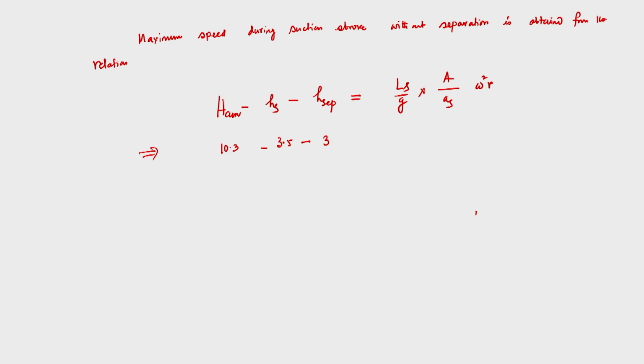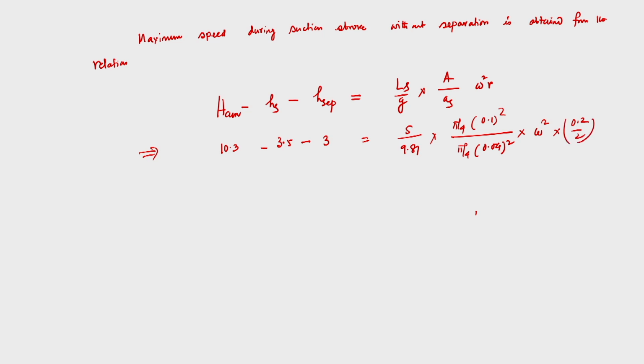So Ls is equal to 5 divided by g, 9.81, into pi by 4 times 0.1 square divided by pi by 4 times 0.04 square, into omega square into 0.2 by 2.